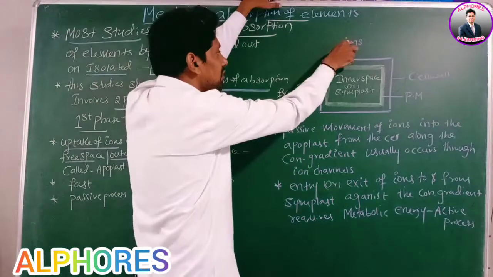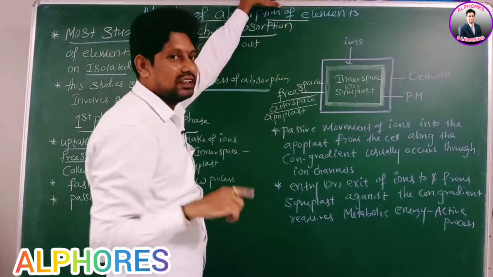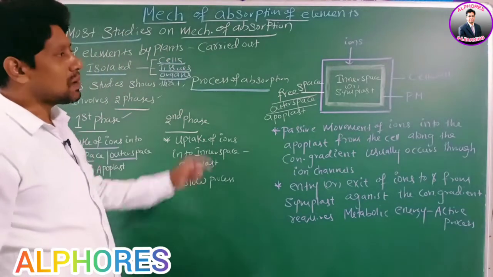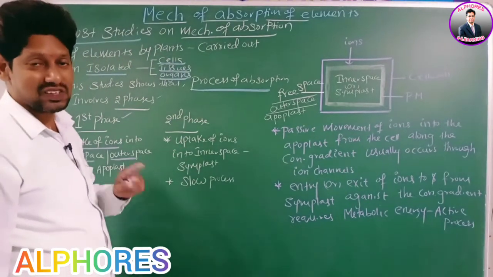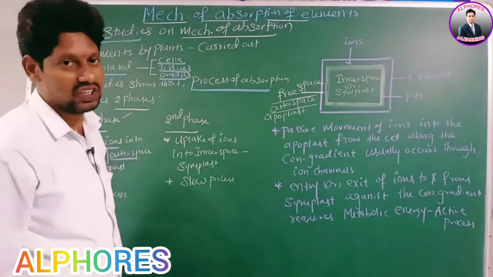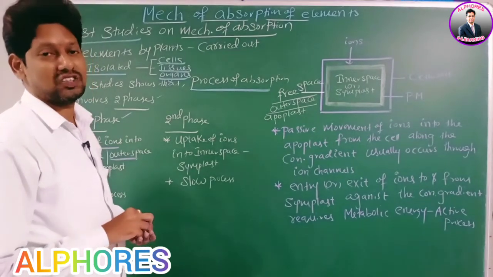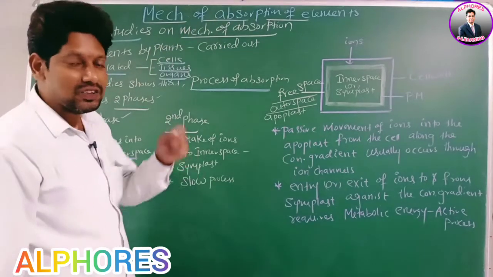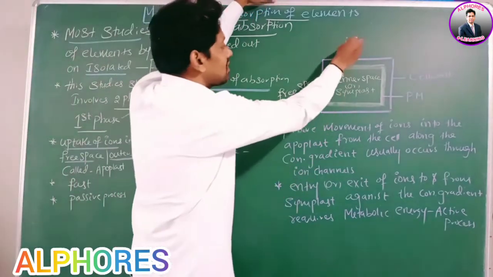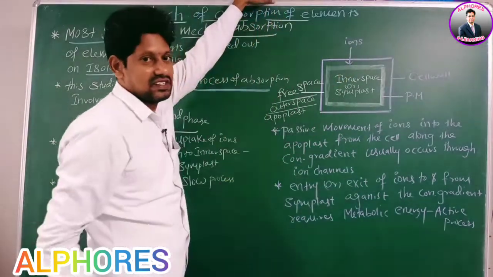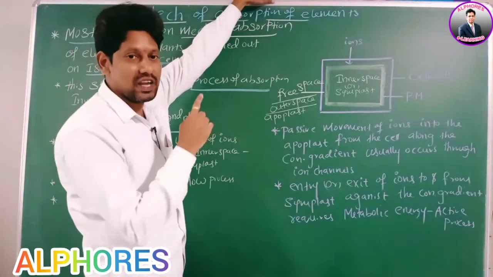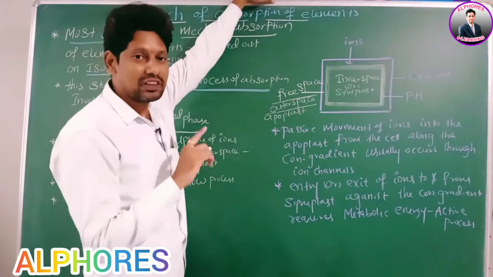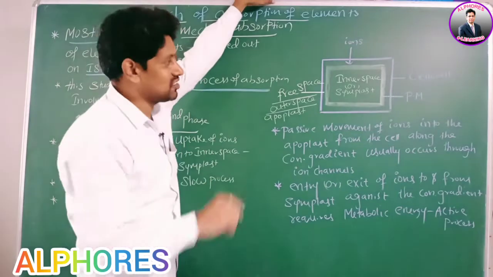This entry of ions into the free space takes place rapidly, and it is a passive process. Passive process does not require ATP energy. Therefore, in the first phase, ions enter the outer space, free space, that is the apoplast, rapidly, without utilizing ATP energy, as a passive process.